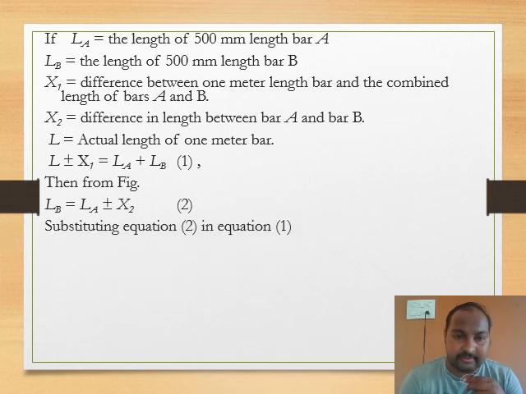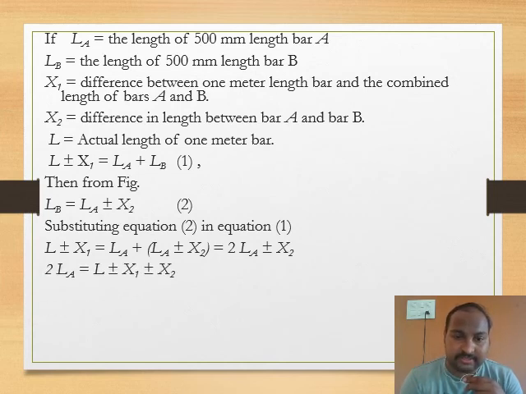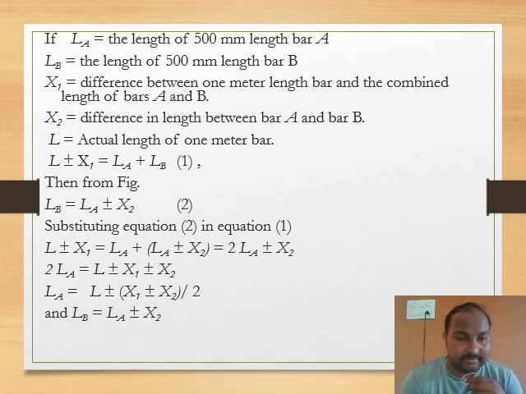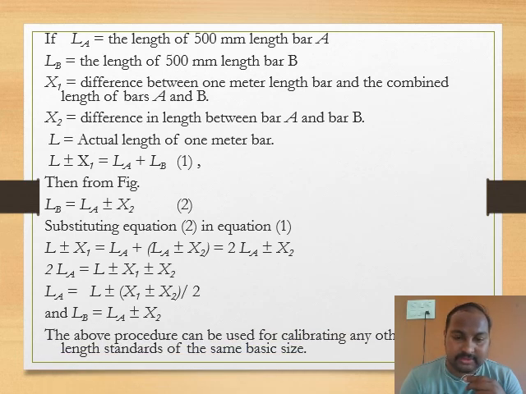Substituting equation 2 in 1, I get L plus or minus x1 is equal to LA plus LA plus or minus x2, which is equal to 2LA plus or minus x2, or 2LA is equal to L plus or minus x1 plus or minus x2, or LA is equal to (L plus or minus x1 plus or minus x2) whole divided by 2, and LB is equal to LA plus or minus x2. The above procedure can be used for calibrating any kind of length standards of the same basic size.